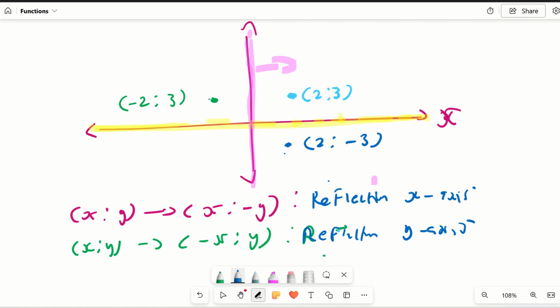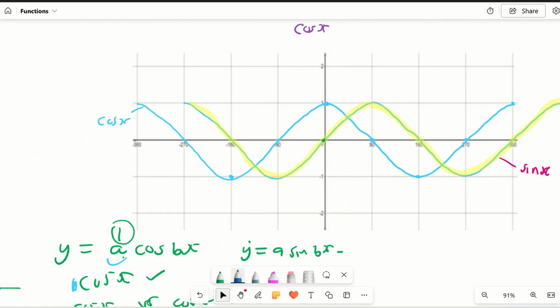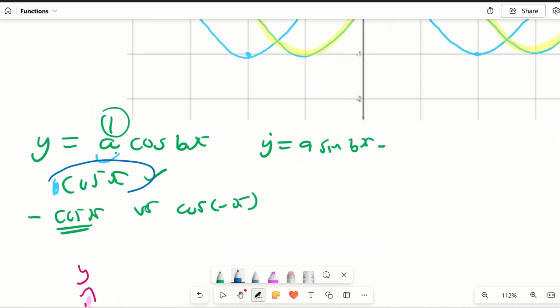Sharp. So now we're going to go back to trigonometric functions. Remember that the blue graph that I've drawn here is the graph of cos x. Also emphasize that the number in front of cos x is 1. Our a is 1, which gives an indication about the amplitude. Our amplitude would be 1. So what if we get something like minus cos x?